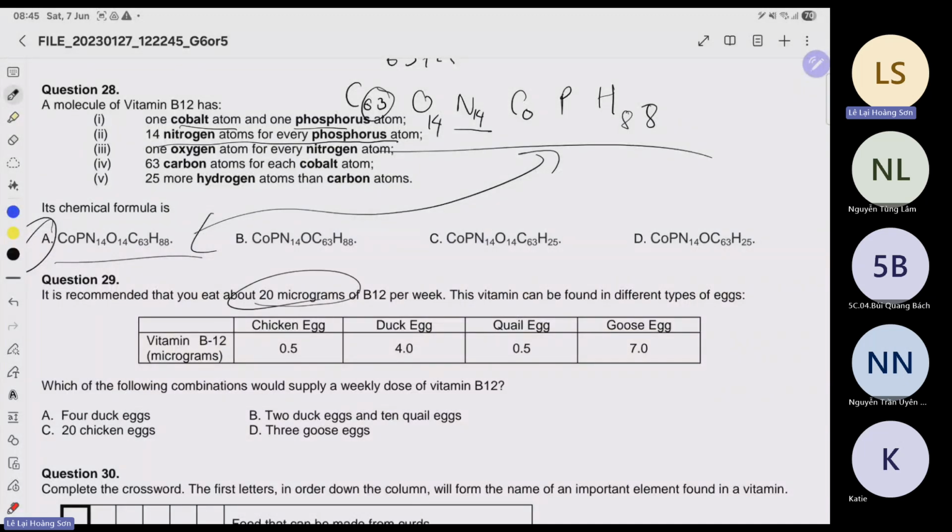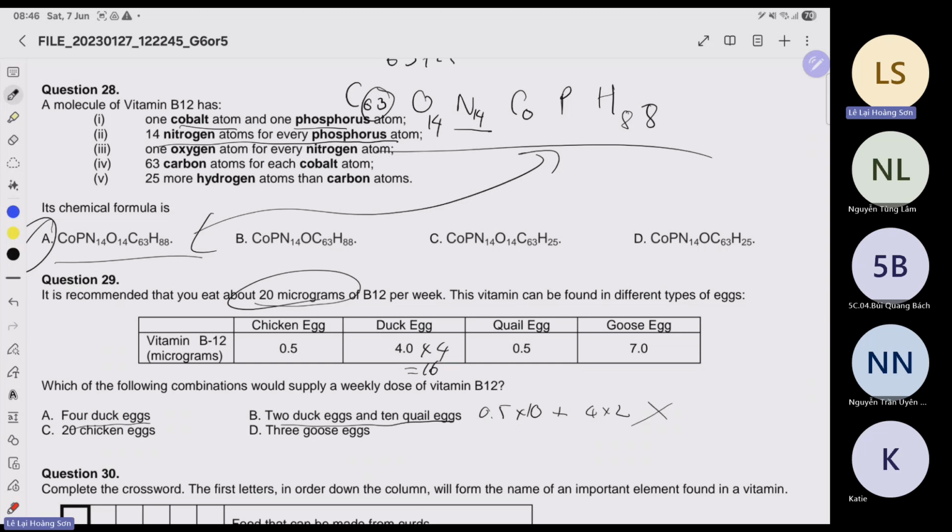For duck eggs, 4 duck eggs is going to give you 16 micrograms, which is not enough. 2 duck eggs and 10 quail eggs: quail eggs are here, 0.5 multiplied by 10, and 2 duck eggs, which is 4 multiplied by 2. So it's going to be 5 plus 8.